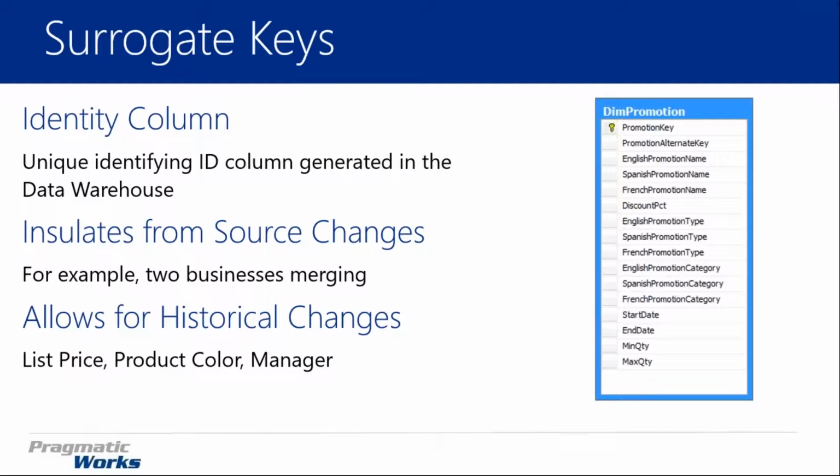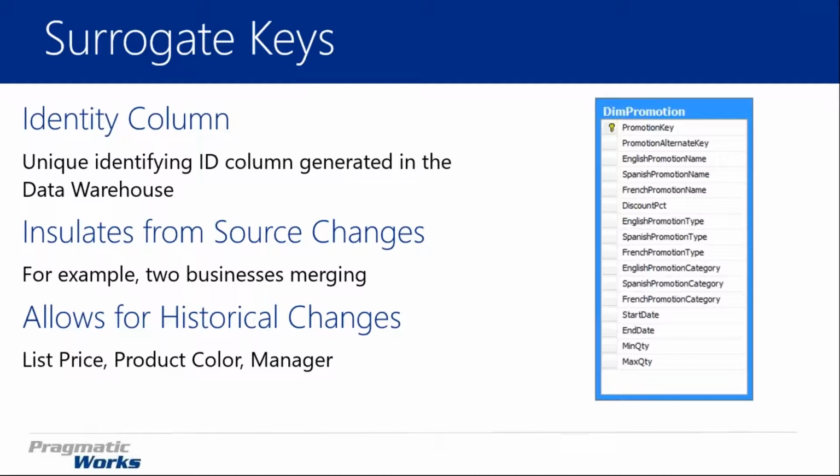Now, the main question around that is why do we create these new keys, these new IDs, instead of using the natural key from the source system? There are a lot of reasons, but there are two main reasons I'm going to talk about in this webinar. The first one is that it insulates you from source changes. So for example, if two businesses merge and the natural key in those two different businesses changes, meaning that the natural key goes from being an integer to maybe an alphanumeric character, that could have significant impact on your dimensional model.